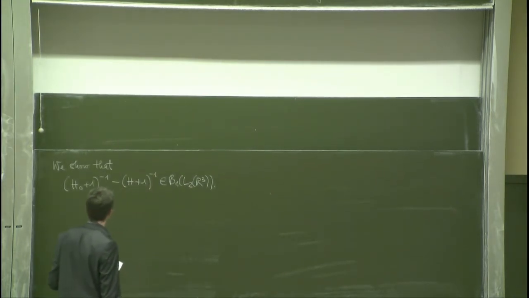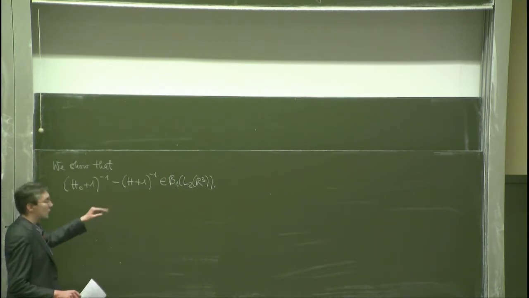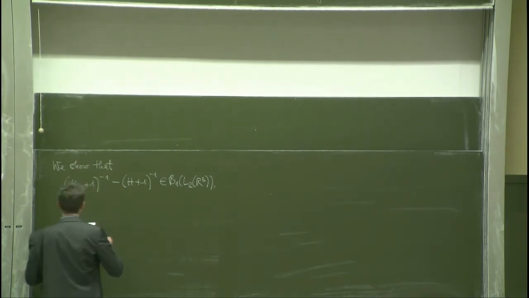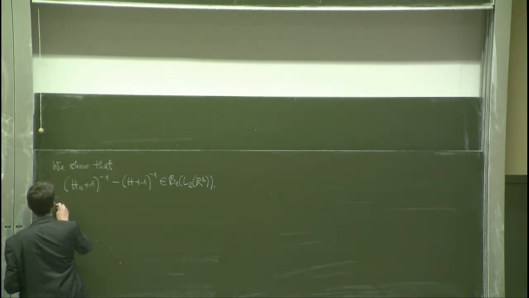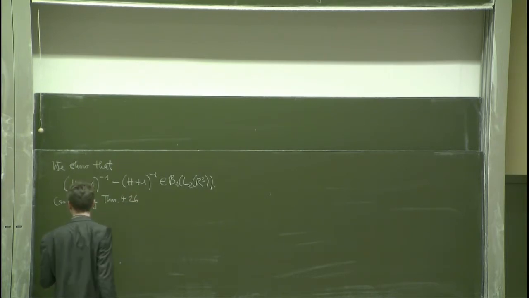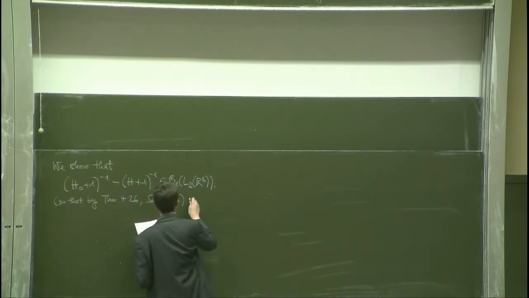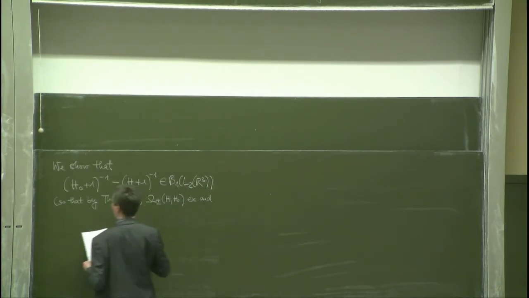Then we can apply theorem 4.26 to obtain that the wave operators omega plus minus of H and H0 exist and are complete. As you can imagine, this is of great practical importance. To obtain the existence and completeness for this typical setting with Schrödinger operators, you simply have to check that this difference is trace class. And this is not very difficult. So by theorem 4.26, we will conclude that omega plus minus of H and H0 exist and are complete.